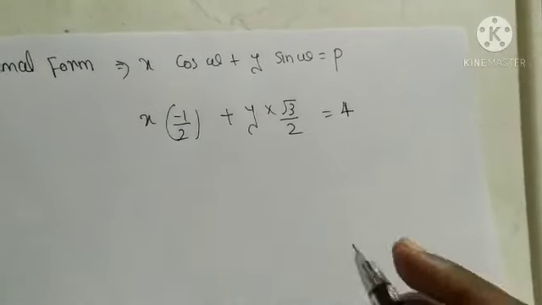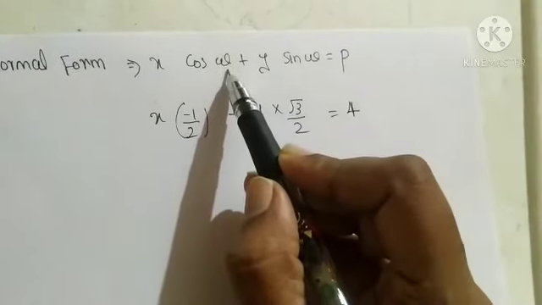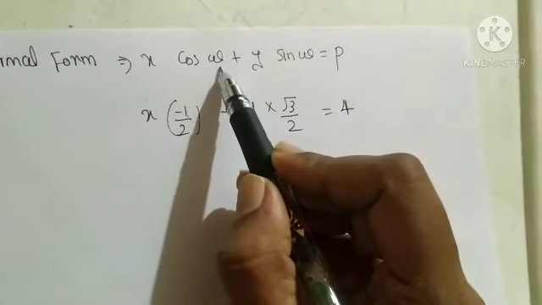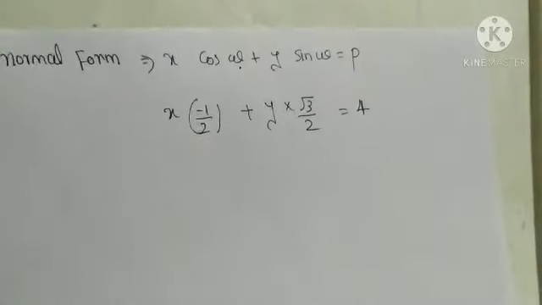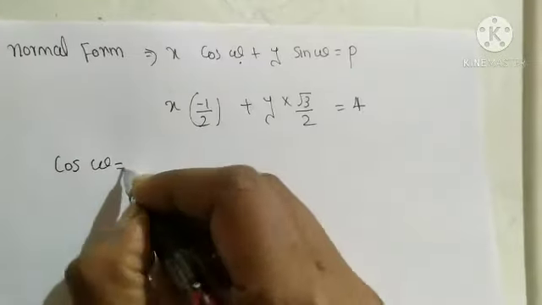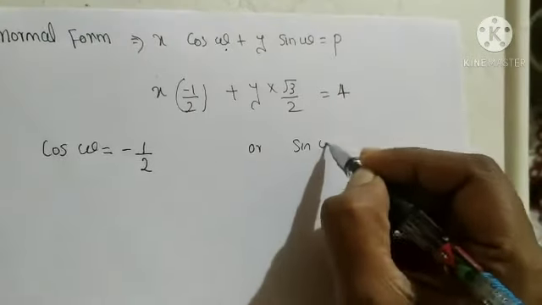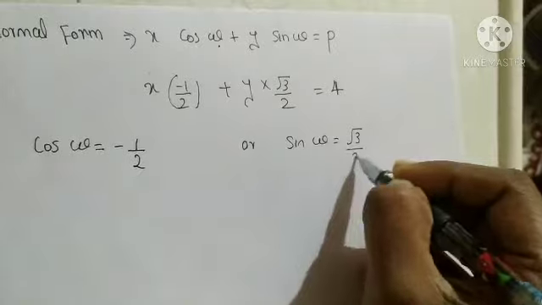So next we need to find out the value of omega. Omega is the angle between the perpendicular and the positive x-axis. Comparing this, we get cos omega is equal to minus 1 by 2 and sin omega is equal to root 3 by 2.